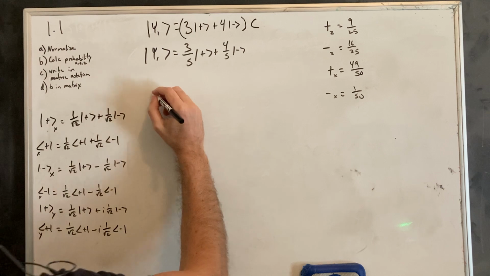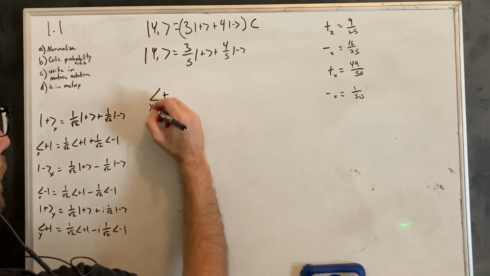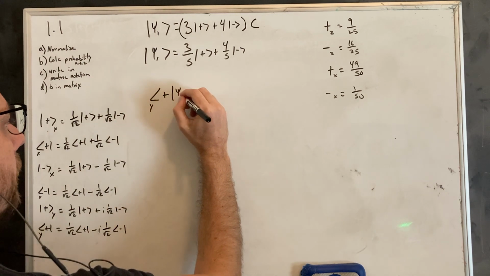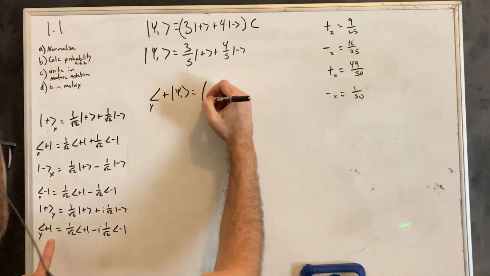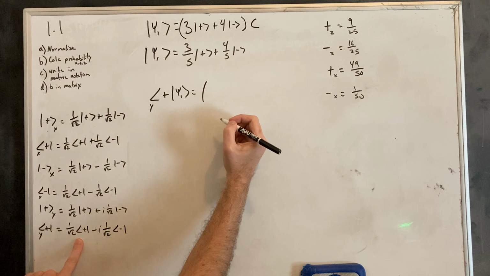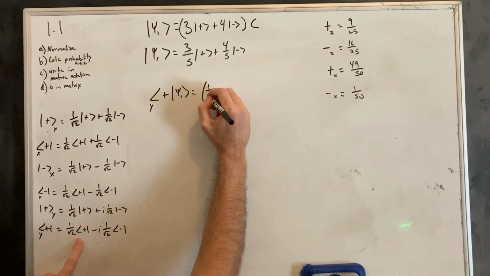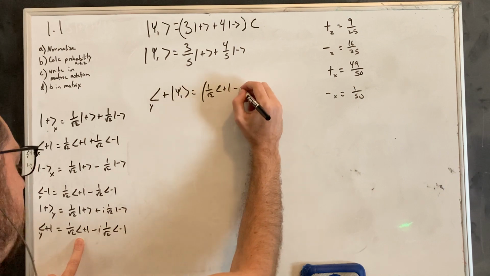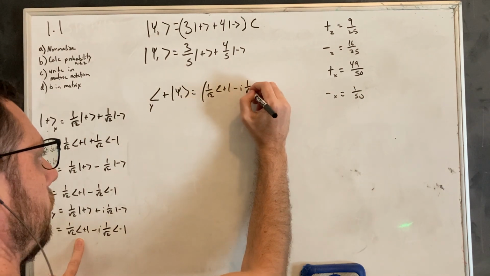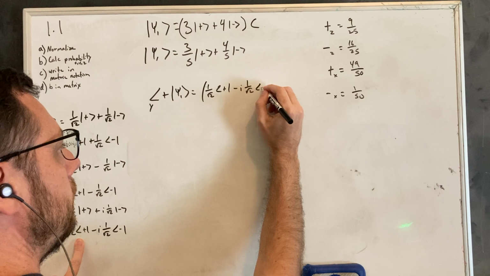All right, so we have plus in our y direction, inner product with our state equals, okay, our y bra right here, we have 1 over root 2 plus minus i 1 over root 2 down.